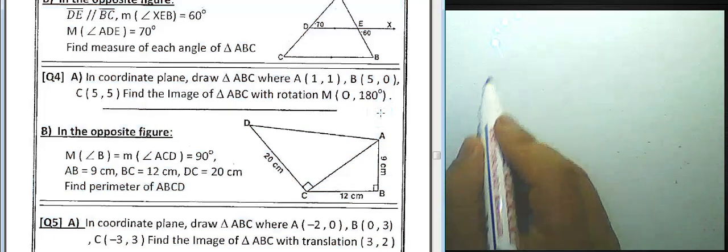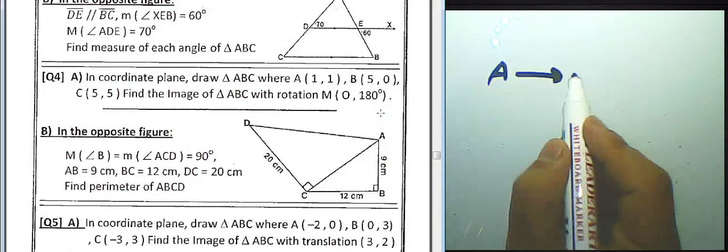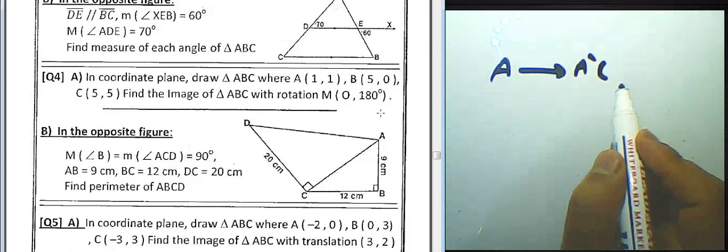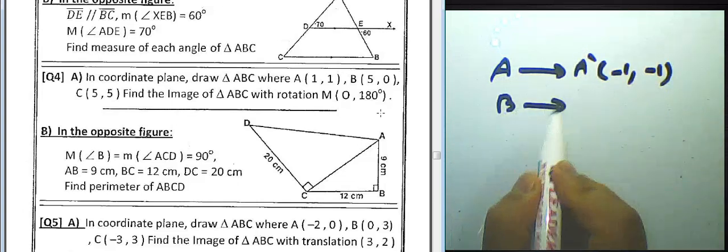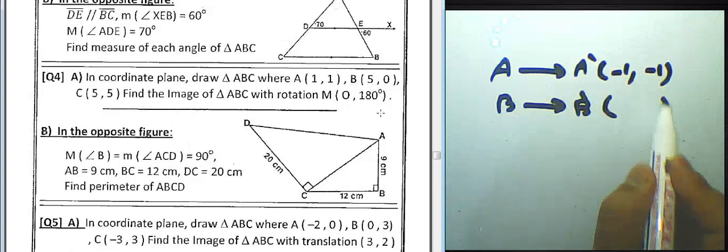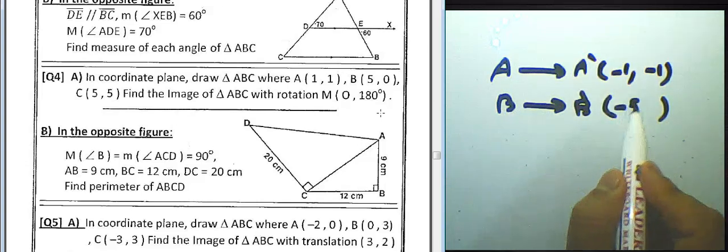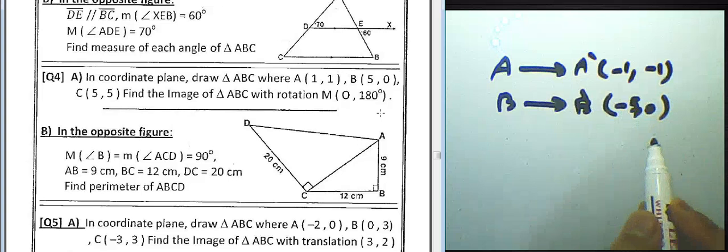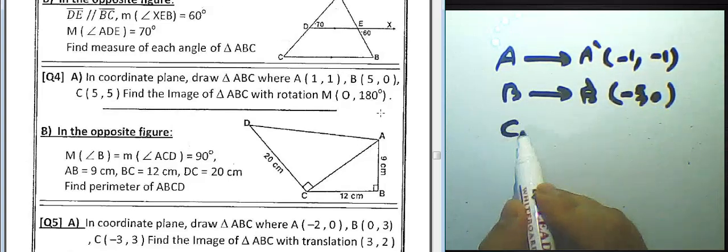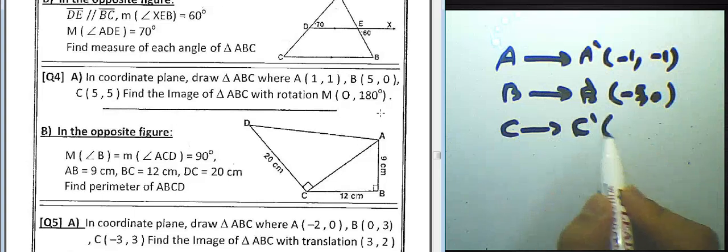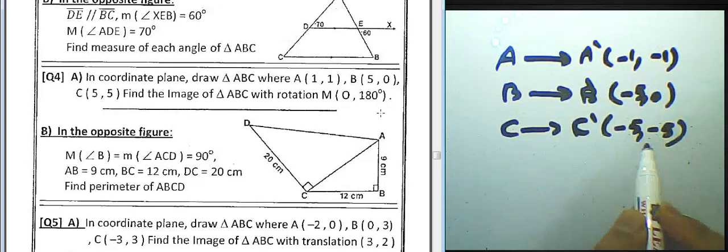We can find the image of A. It will be A dash here, (-1, -1), and the rotation of point B will be (-5, 0). We must change the signs of X and Y. And C will be C dash here. It will be (-5, -5). And then you can draw the triangle in the coordinate plane.